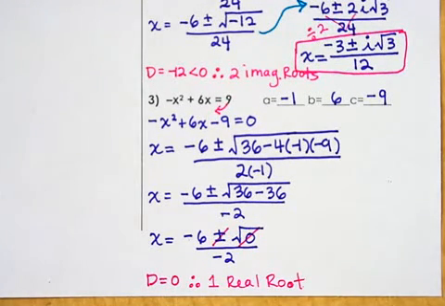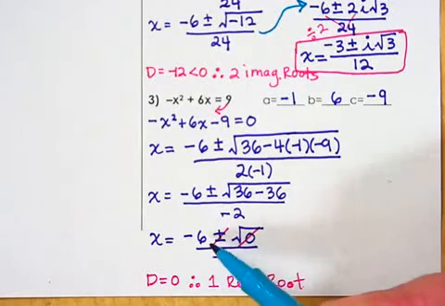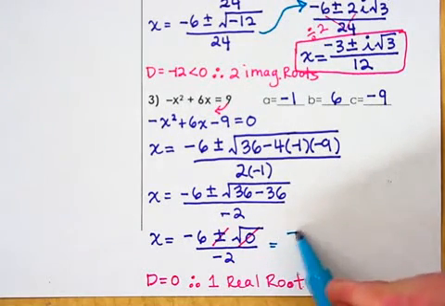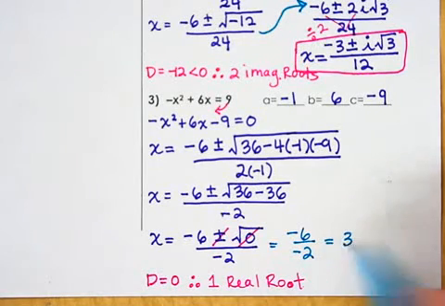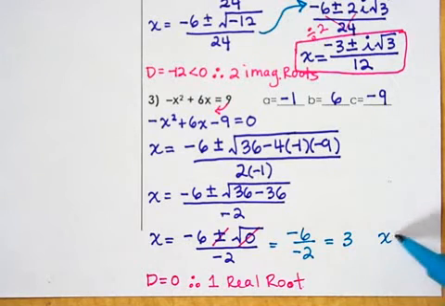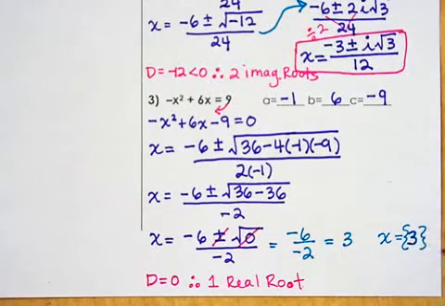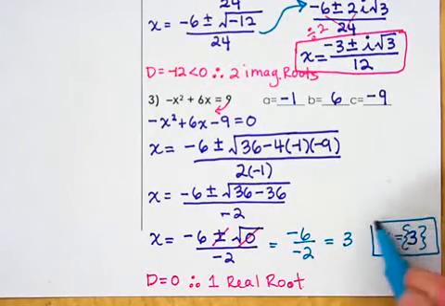Well, going back then, if I don't need the radical, the square root of 0, and I don't need that plus or minus, then I just have negative 6 divided by negative 2, which equals 3. And so my solution is just x equals 3. That's the whole thing. And what that means graphically is that the vertex is actually at the ordered pair (3, 0). So there we have it.